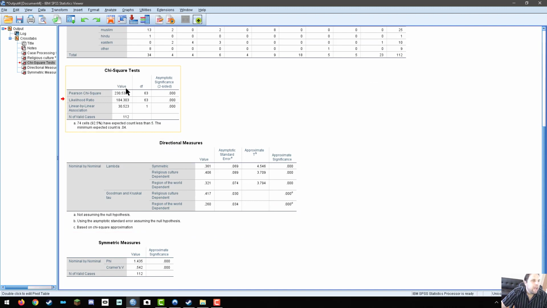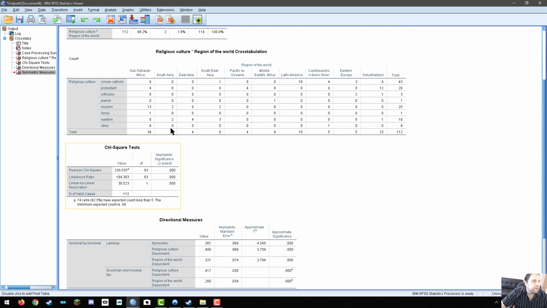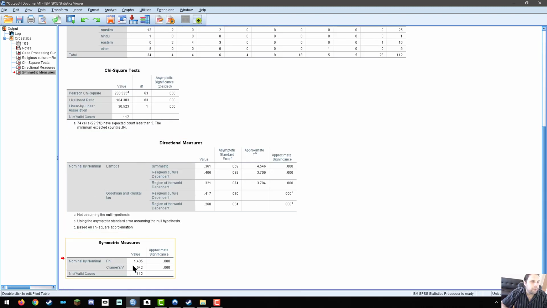Okay? And then we look at our symmetric measures to determine our effect size. So first and foremost, we have to determine if we're going to be running phi or if we're going to be running Cramer's V. So phi is for dichotomous variables like yes or no, or Republican versus Democrat, or male versus female. It doesn't work for anything that involves more categories.